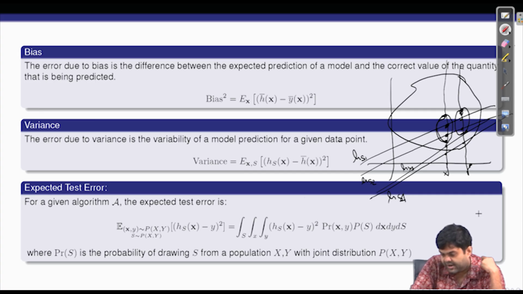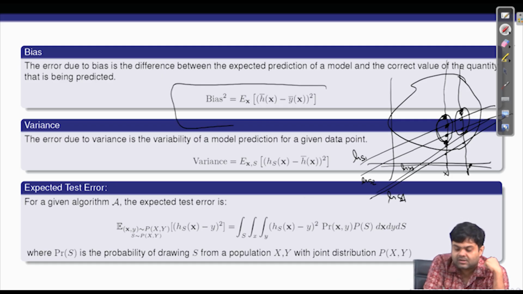Now for this x, you get these prediction values and you can take the average over the samples. Suppose this comes out to be this. And also for this x, you have this population, so suppose this is the average value for y when x is this. Now take the difference between these two averages, take the squared difference. For this x also do the same, this is the squared difference. Now take the average over all the x's of these squared differences.